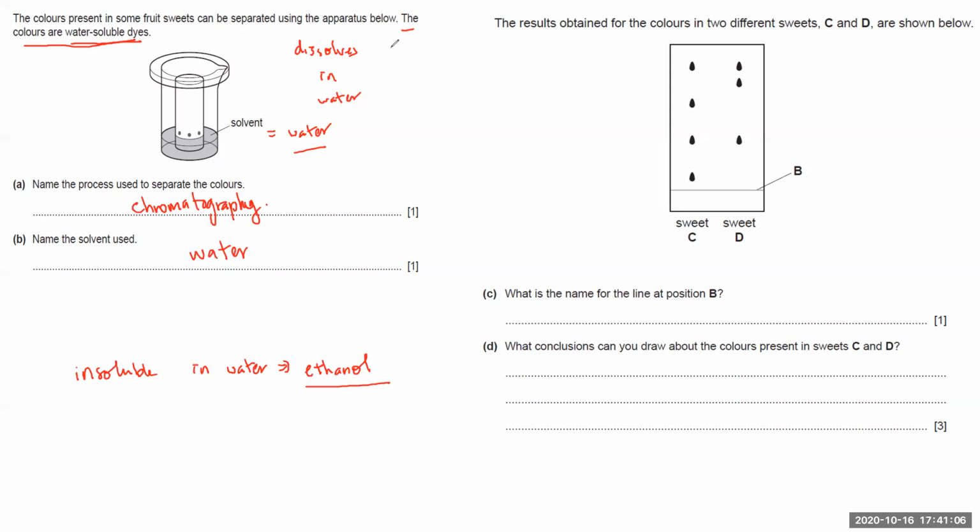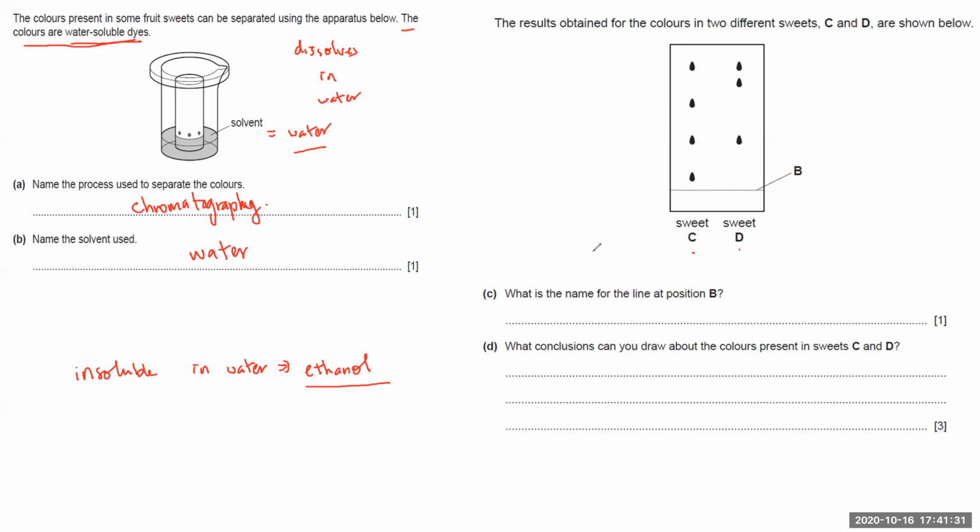Now, the results obtained from the colors are in two different sweets, sweet C and sweet D, which have different colors. At the beginning of the experiment, they put the drops of colors from sweet D and sweet C here. At the end of the experiment, the colors have moved upwards.